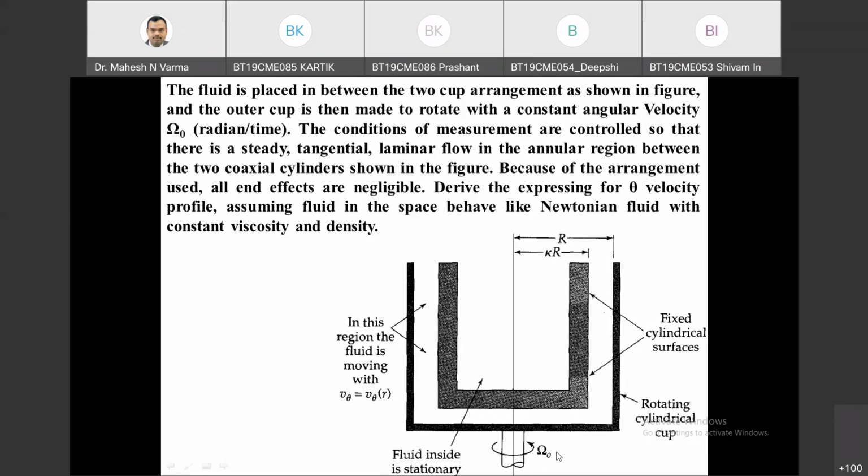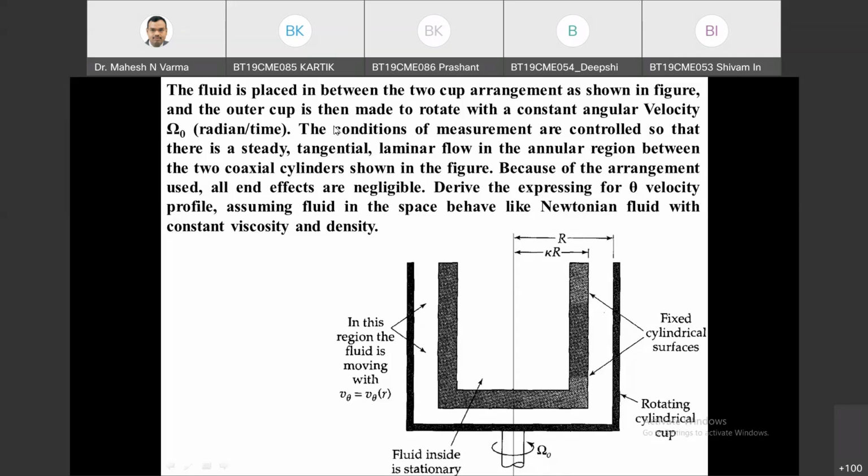So this shaft is rotated with the angular velocity omega 0. As shown in the figure, the outer cup is made to rotate with a constant angular velocity omega 0, and the inner cup is steady. This inner cup is not moving at all.